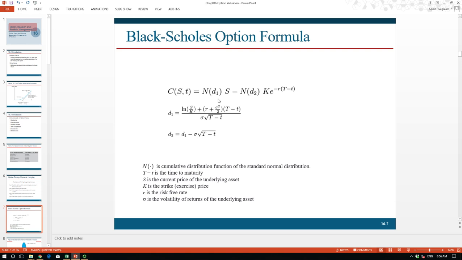So d1 equals the log of the stock price divided by the strike price, plus the risk-free rate R plus the square of the standard deviation divided by 2, times T, and then the entire term is divided by the standard deviation times the square root of T. You cannot say much about why this has to be so complex. It is just the derivation result of the Black-Scholes formula, right?